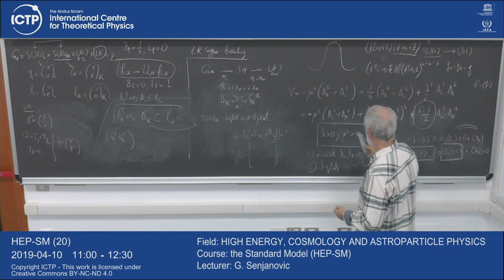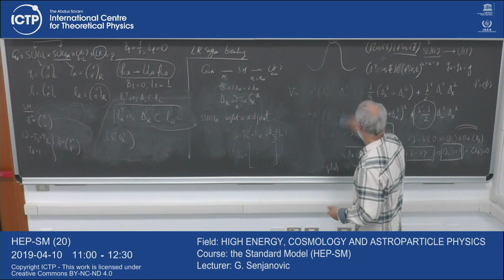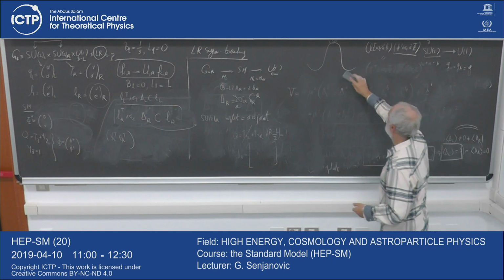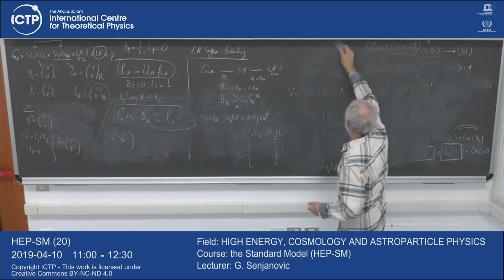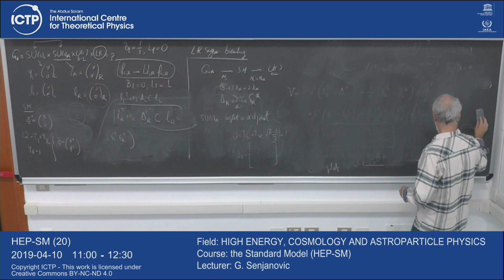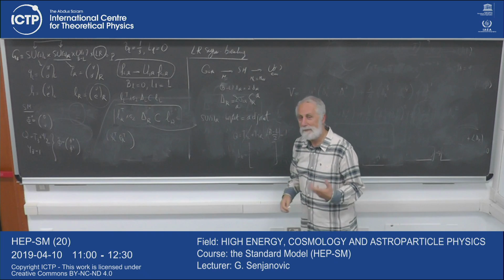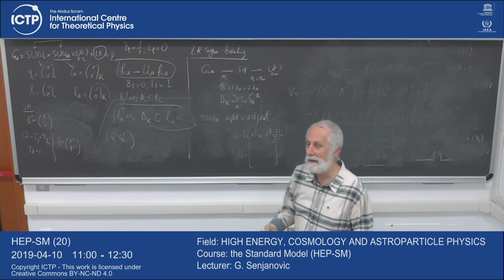Let me remind you, I can erase this. I'm assuming this mastery of group theory, which may not be there. I've been appealing to you, make sure you master it.